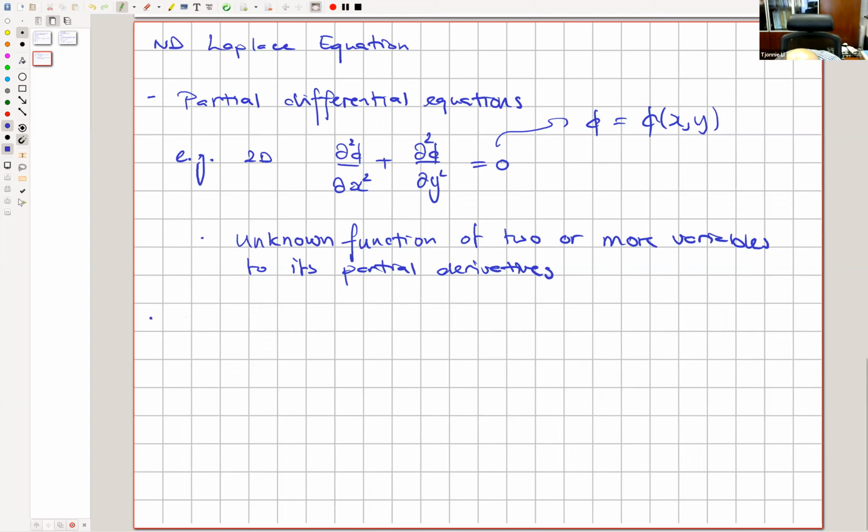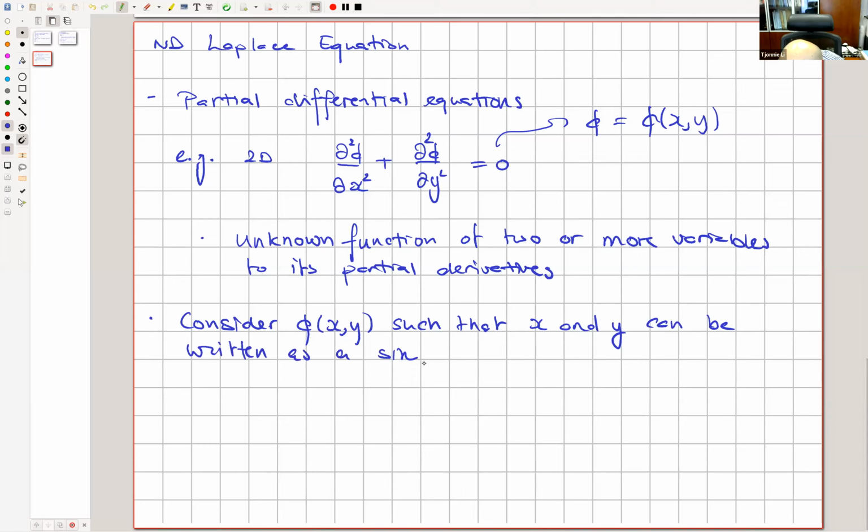Okay, and so if I consider φ of x and y such that x and y is written as a single variable. Let's call this p.